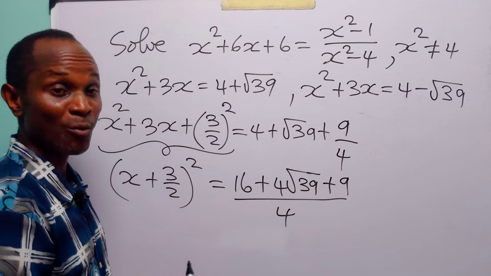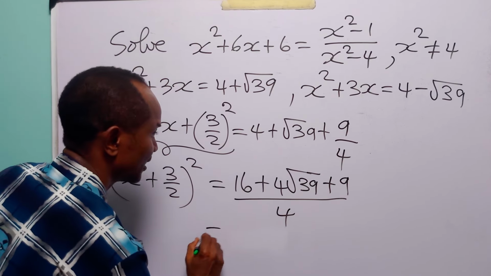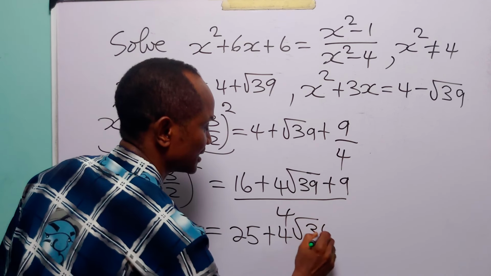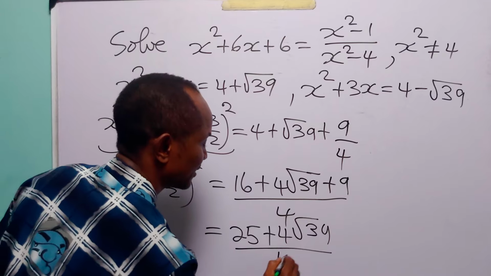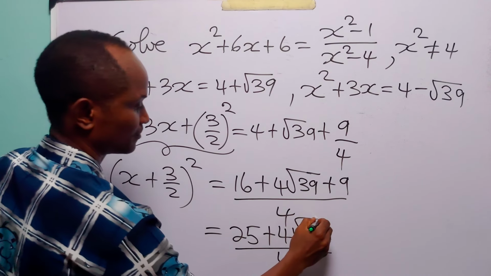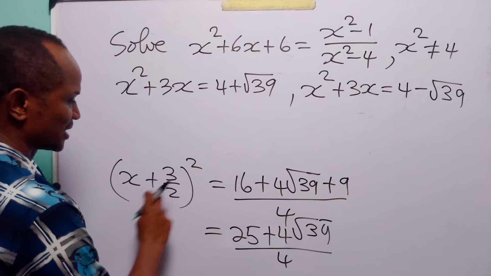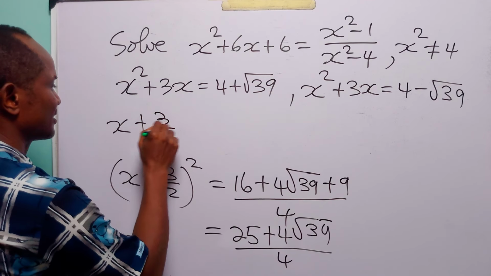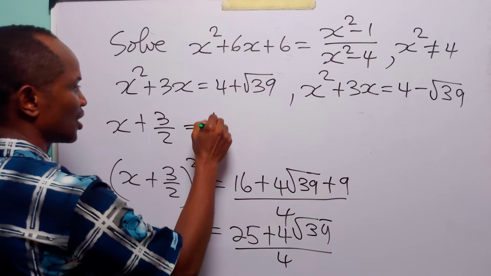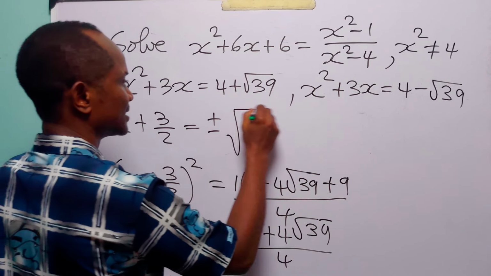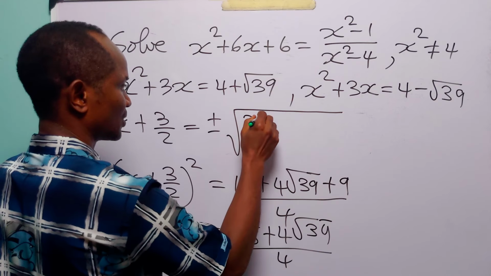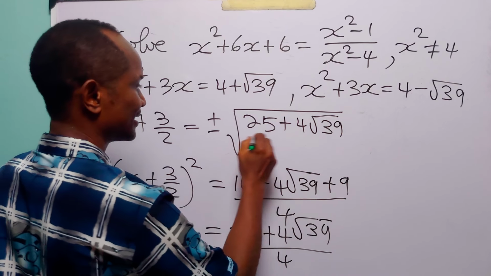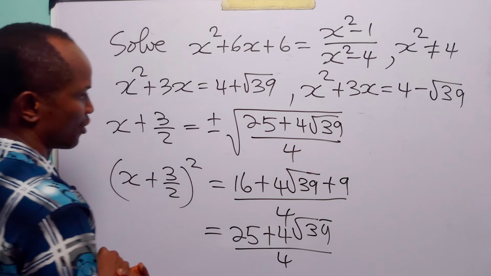16 plus 9 is equal to 25. So this is equal to 25 plus 4 root 39 divided by 4. And of course, when we take square root of both sides, we have that x plus 3 over 2 is equal to plus or minus the square root of 25 plus 4 root 39 divided by 4.